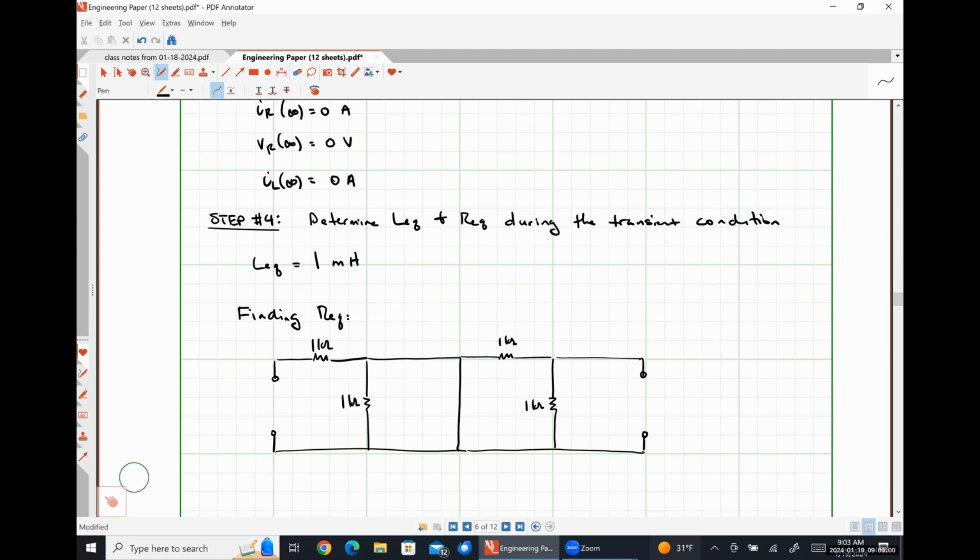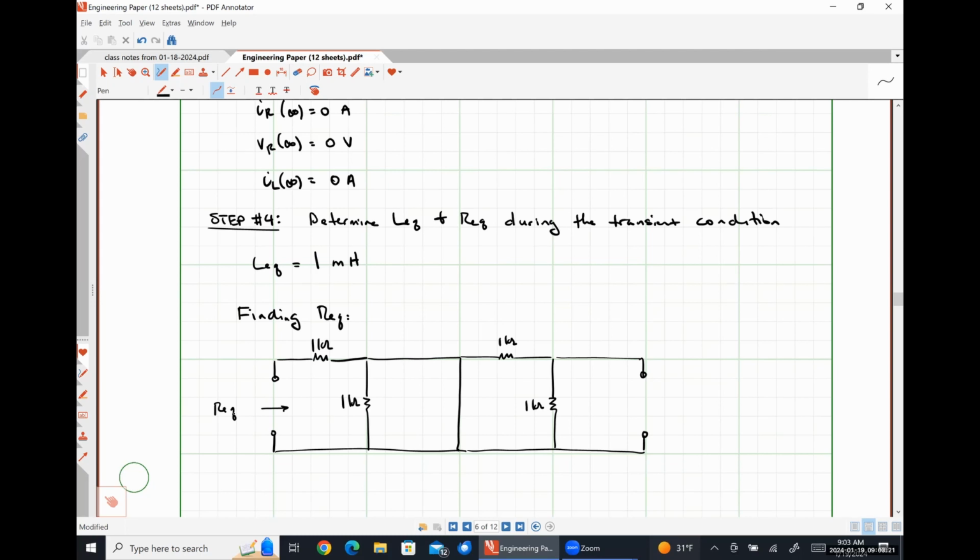Really all we're doing is finding the Thevenin equivalent resistance seen by our inductor. So what's that resistance going to be? I've heard 2 kilo ohms and 1 kilo ohm. Which is it?